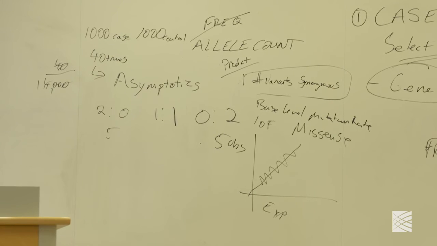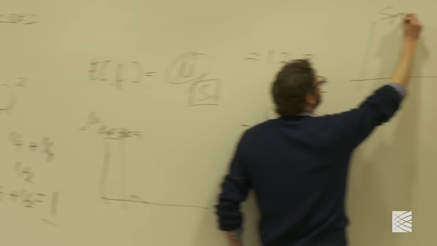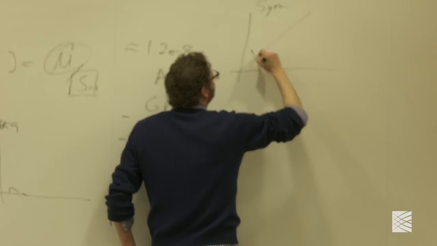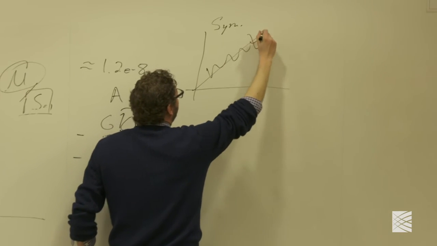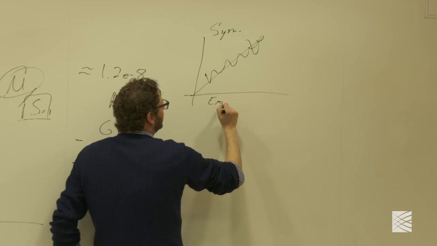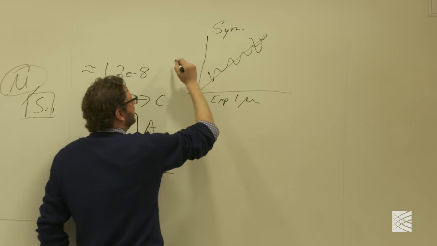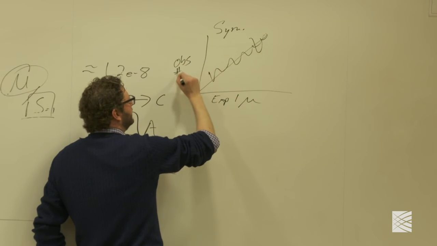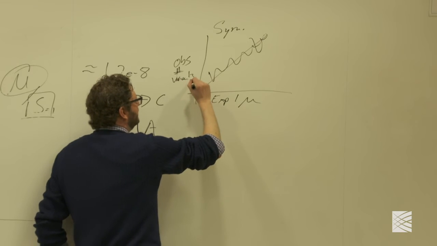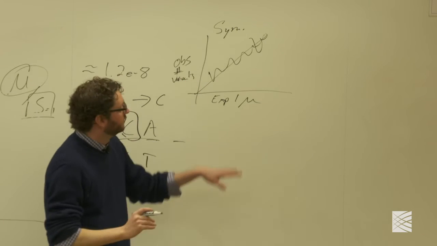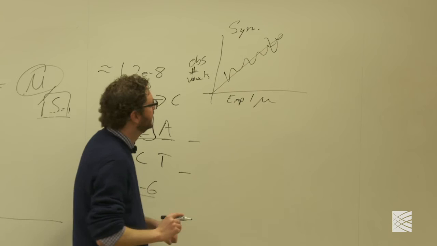For synonymous variants, we see basically a cloud like this: our expectation, conditional on the mutation rate, versus the observed number of variants. So we run a pretty simple regression model to get at this answer.